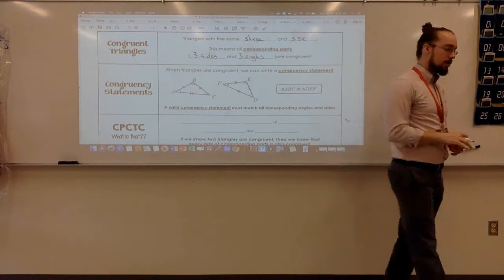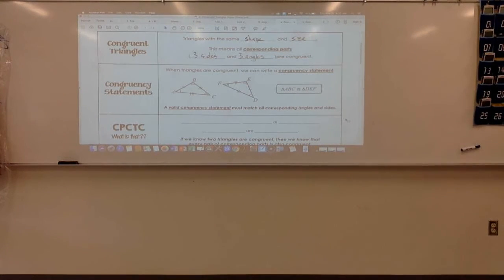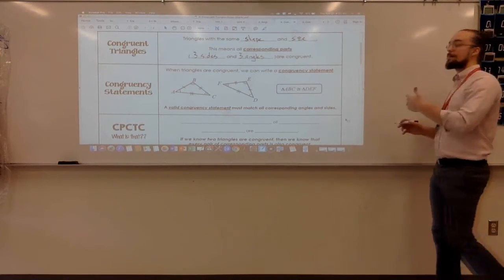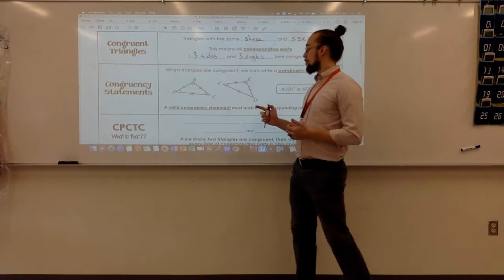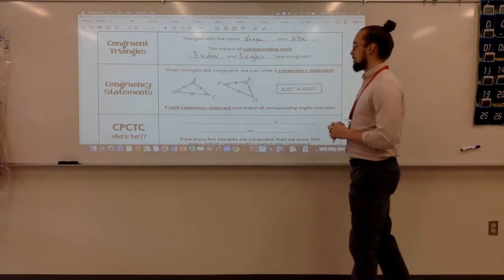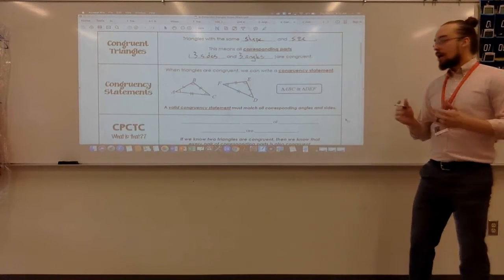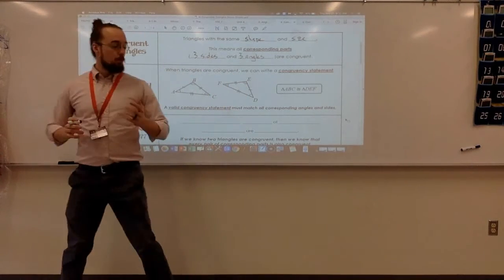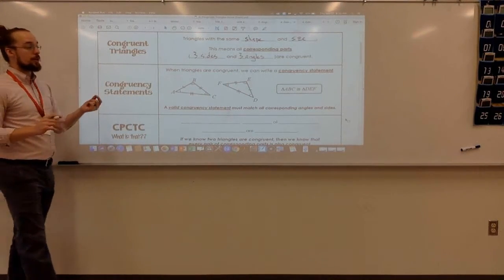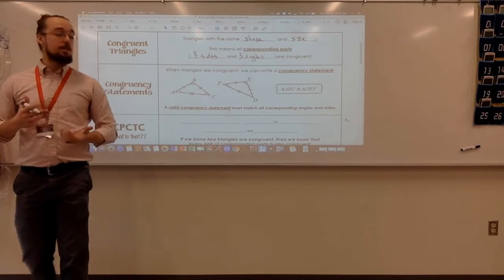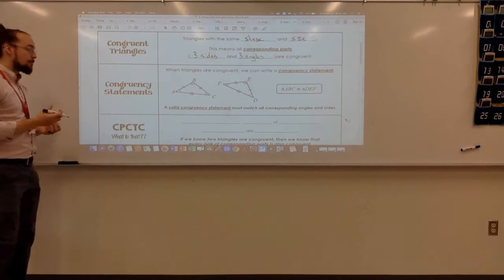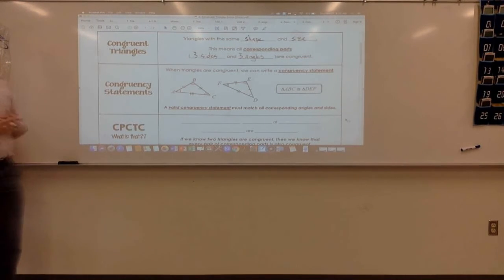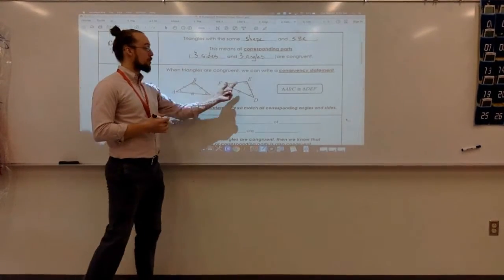So if we look at this example here, we've got triangle ABC and triangle FED. To write a congruence statement, to show that these two triangles are congruent, that they're the same size, same shape, we need to match up corresponding parts. Corresponding parts are the ones that are equal.